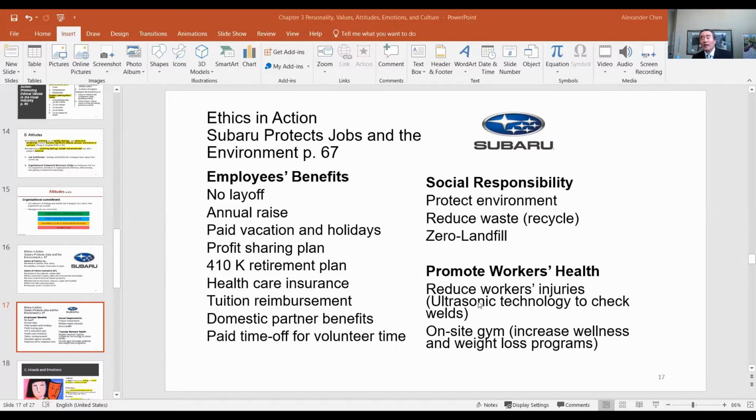They try different ways to reduce injuries. That's not just SIA, also Sam's Club, Walmart, and many places. Working injury is a top safety priority. In this company they use ultrasound technology to check different things and reduce workers' injuries.